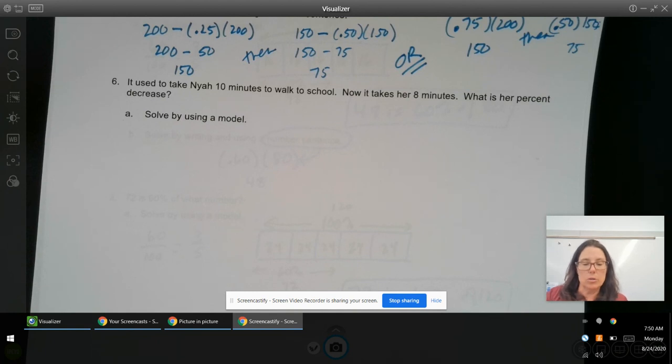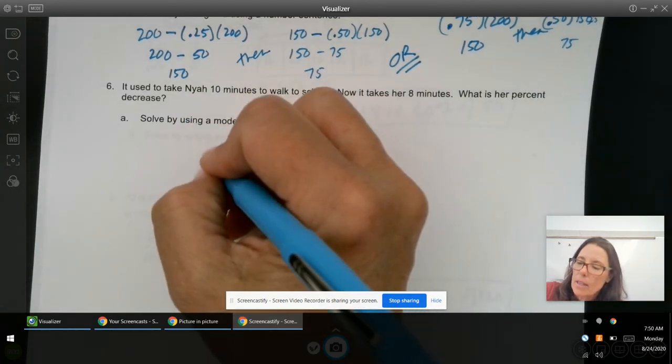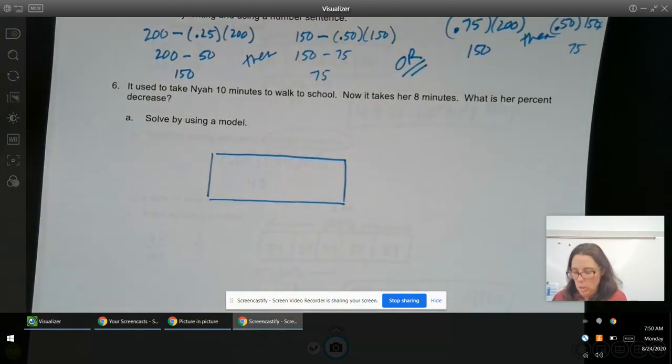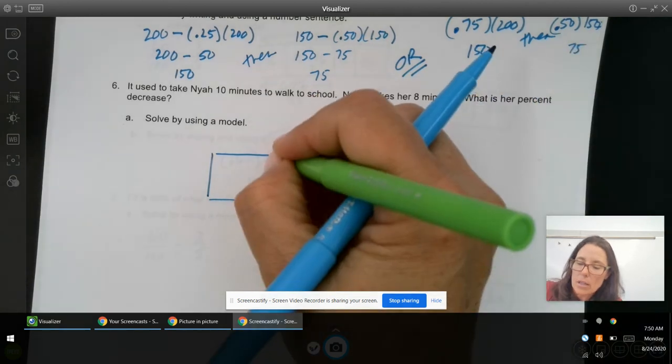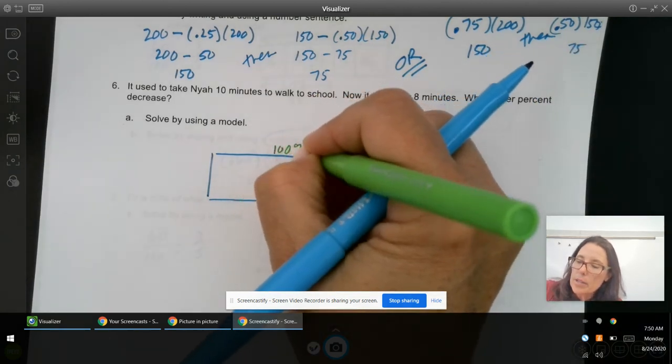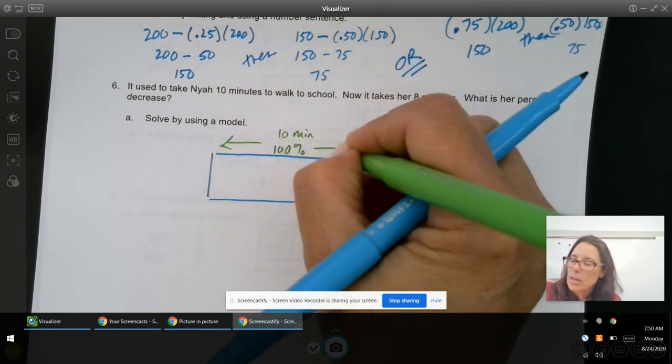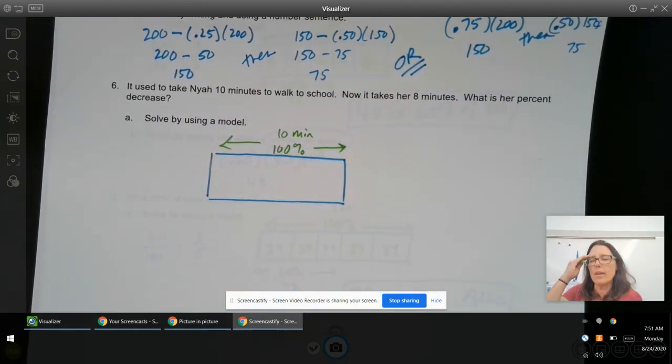All right, so this whole entire box is going to be 100%, 10 minutes. Now here's where the thinking comes in. We need to bust this box up so that the whole thing is 10, but we can also be looking at 8. So hopefully that's saying 2, 2, 2.